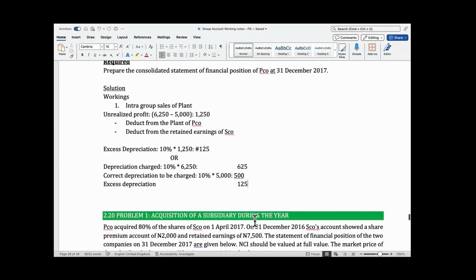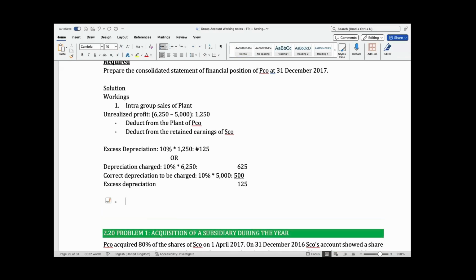Now, how do you remove this excess depreciation? Since he has overcharged depreciation on plant, we are going to deduct the excess. In fact, let me not rewrite. Sorry, are we deducting? He has over-deducted already. So we are going to add back to plant because he has deducted too much.